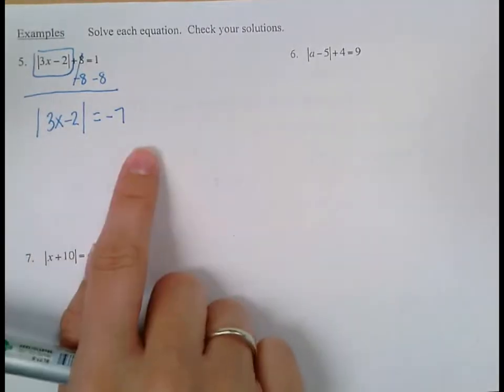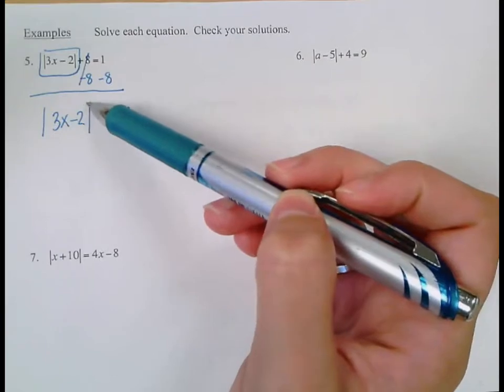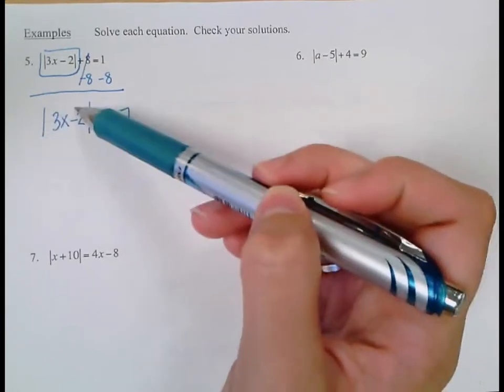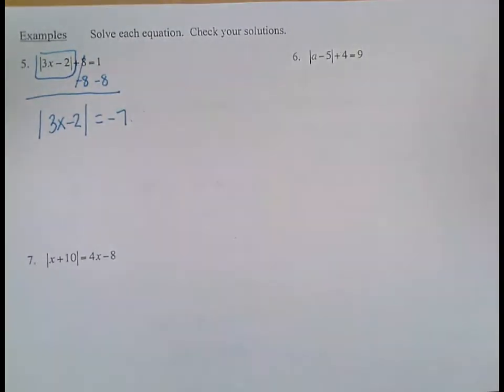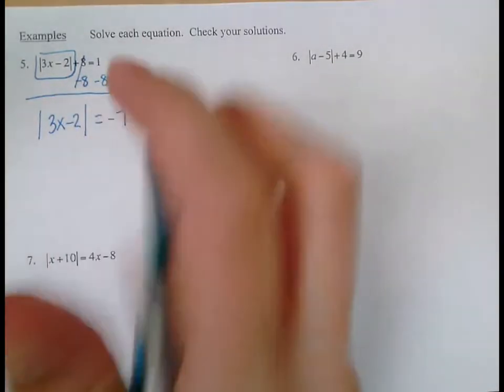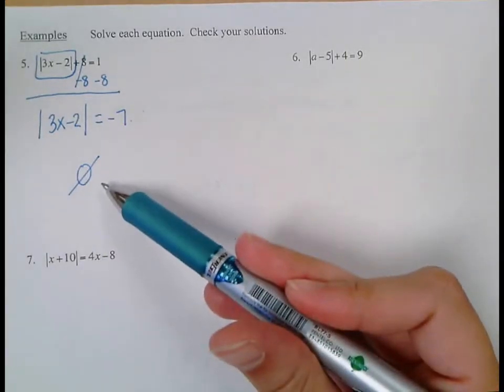So what this equation is saying is that whatever I substitute in for x, and then I multiply by 3 and subtract 2, when I take the absolute value, it's saying the absolute value has to equal negative 7. We said right at the beginning, absolute value cannot be negative. So when you see something like this, this is actually no solution. And you can either write out the words no solution or just put the empty set symbol. That's what this is.